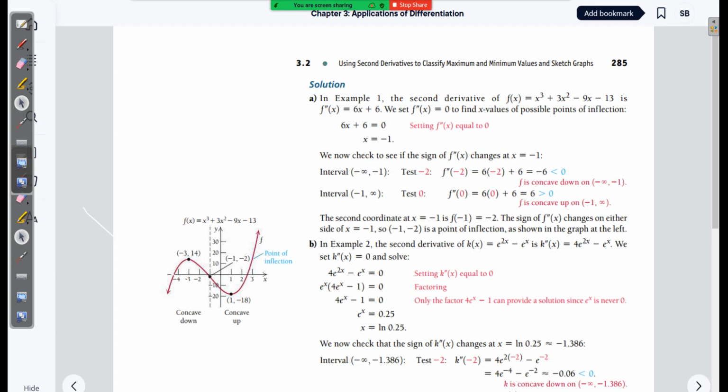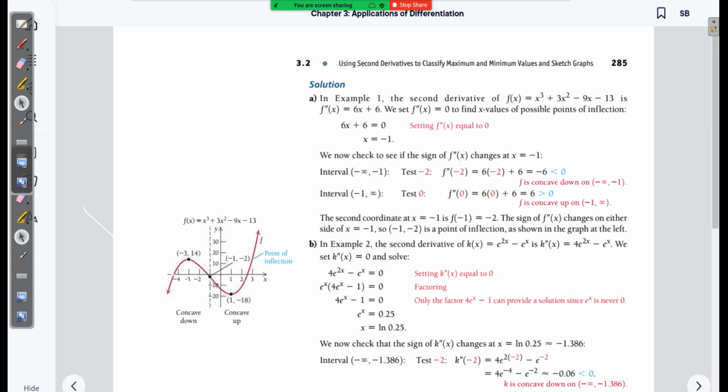Okay, so in order to do that, we have to get the second derivative, and if I recall, it was like 6x plus 6. Let me check.